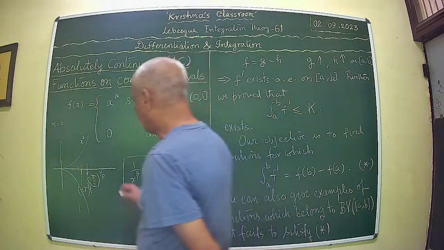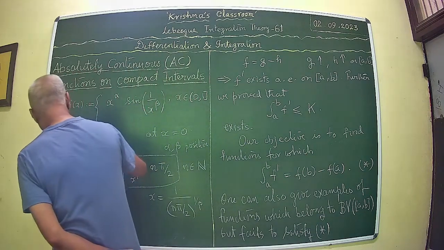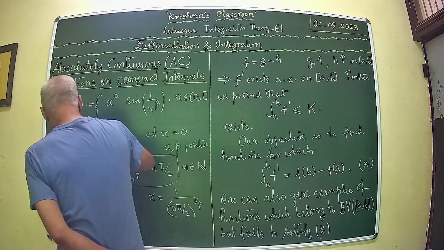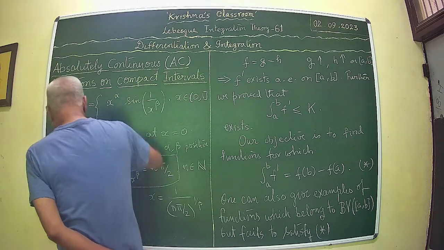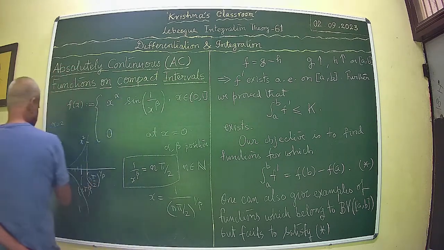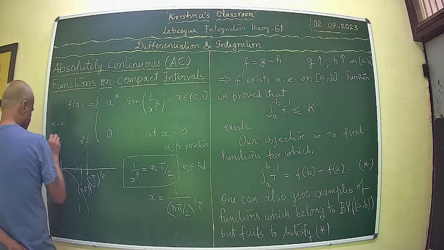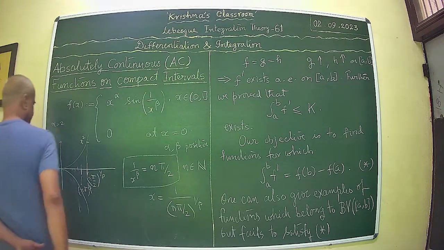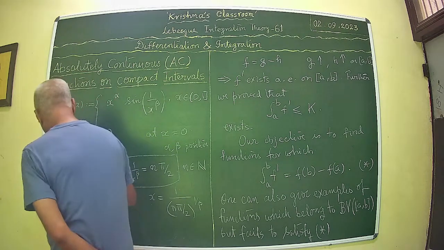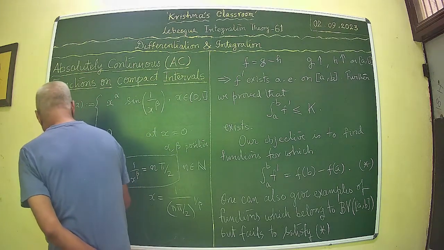Okay, and what you have is, at this point the function takes the value x square. Now in the next point it is going to take the value 0.